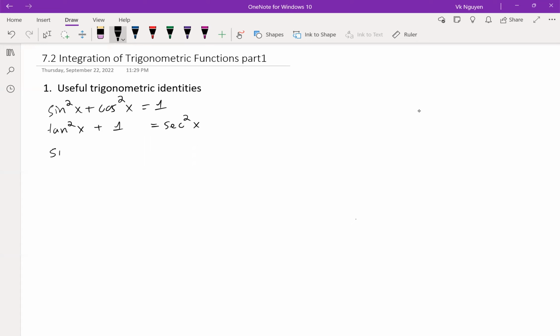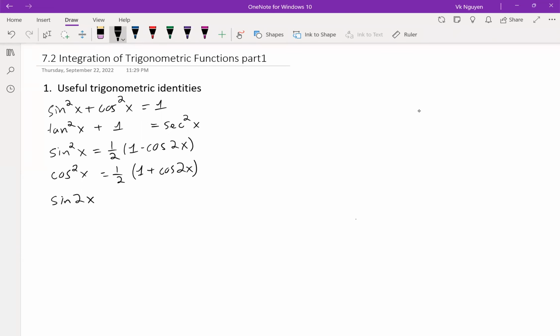Now let's reduce the power of sine square x. We have 1/2 (1 minus cosine 2x). And if we reduce the power of cosine square x, we get 1/2 (1 plus cosine 2x).